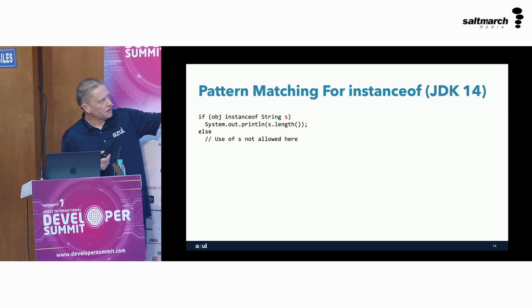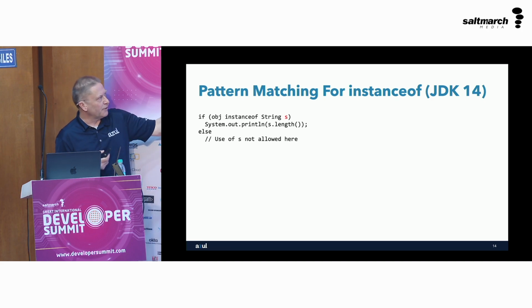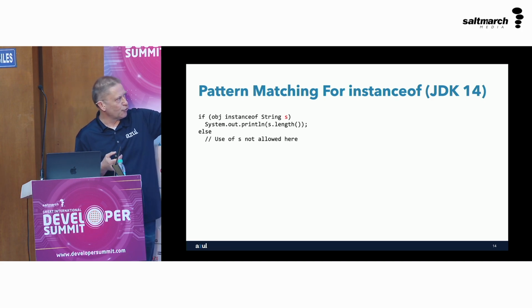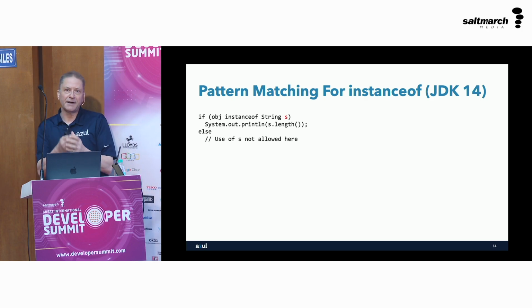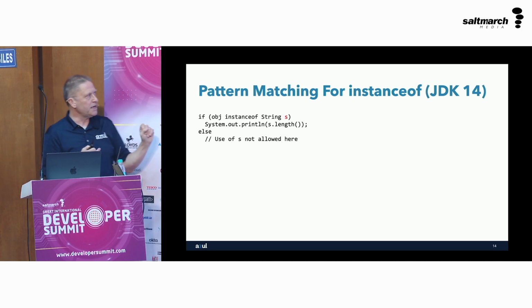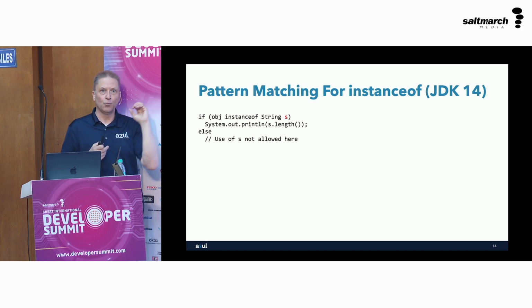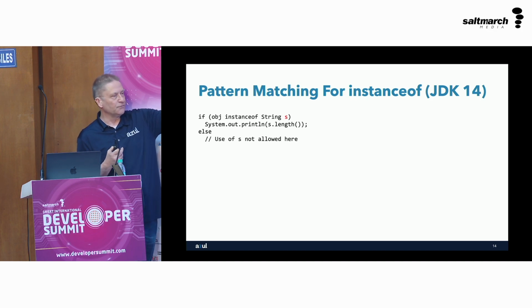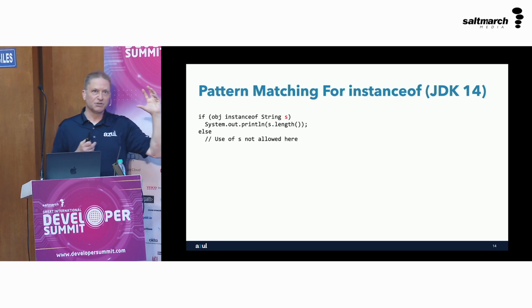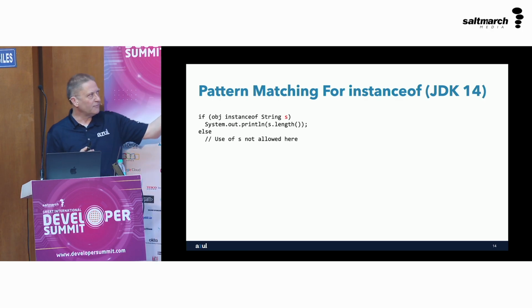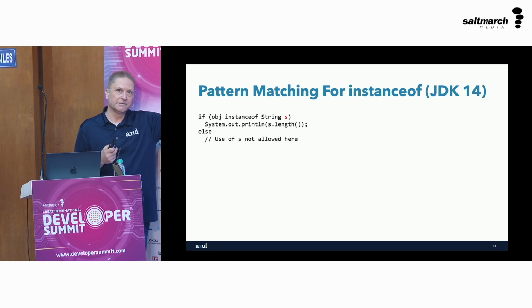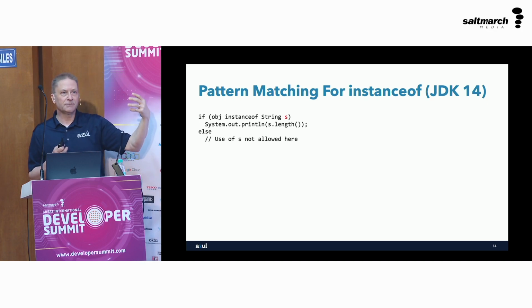Here we have a slight change on what we had before. So now we've got if obj instanceof String s. Now remember I said that a pattern consists of a pattern predicate and pattern variables. So here, our pattern predicate, what we're evaluating to see if it's true or false, is obj instanceof String. If that evaluates true, then we have a pattern variable s, and we will assign object obj to s as a String.